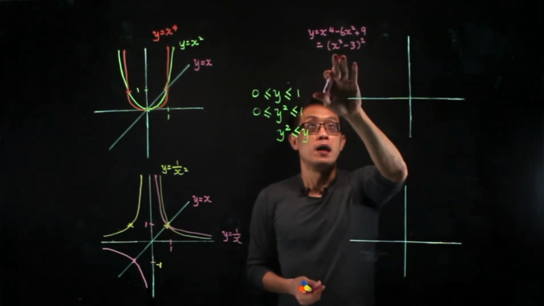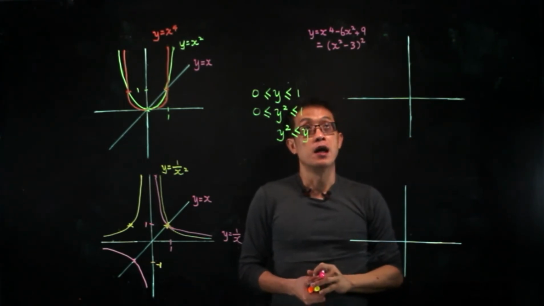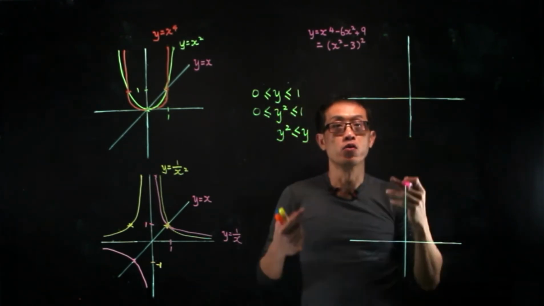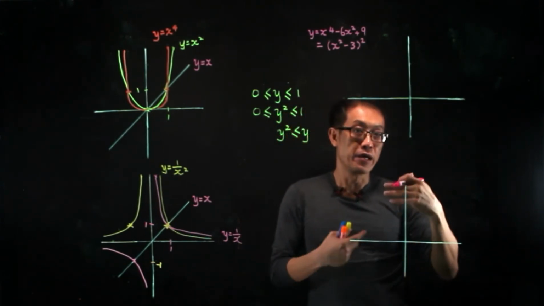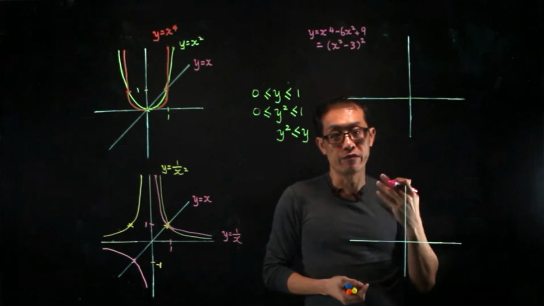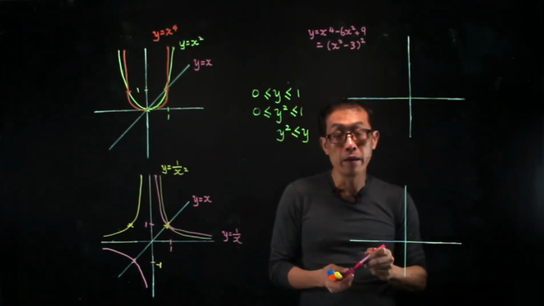Now, I'm sure you can draw x squared minus 3. After that, what we can do is we try to square the function, and from there we can deduce how a graph looks like. Now let us draw y equals to x squared minus 3.